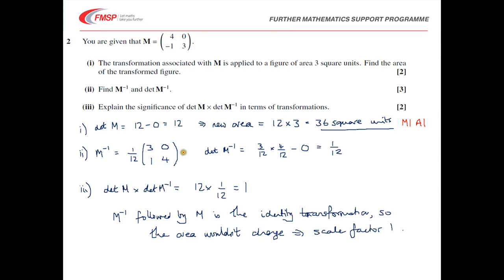For part 2, there's a method mark for attempting to find the inverse and an accuracy mark for doing it correctly, and there's just a single mark for finding the determinant of the inverse. For part 3, there's a mark for showing that the product is 1, and then there's an explanation mark for justifying that in terms of transformations.